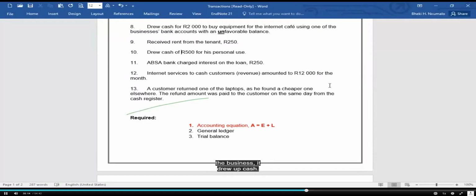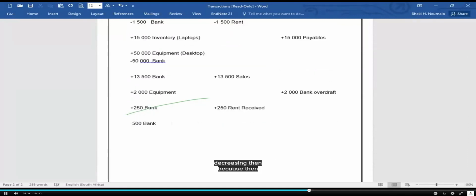So what will happen in your asset? Because you are dealing with cash, you need to remember the bank account in the ledger. In this case, this can't be plus, it's a minus, because the owner is taking cash for personal use. The account here is decreasing. And because it's an entry made by the owner, the equity will decrease. There is 500 rand. We use a special account, we call it drawings.